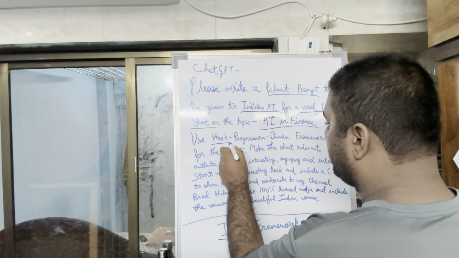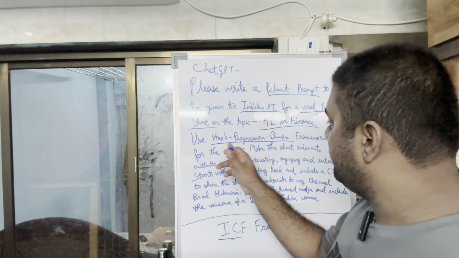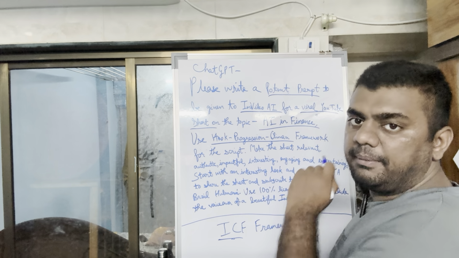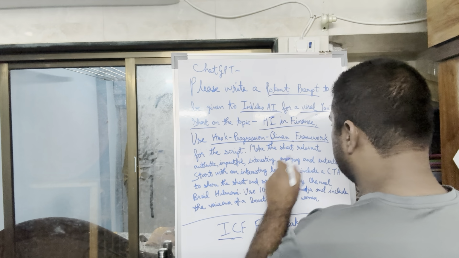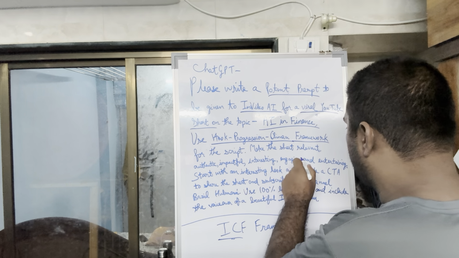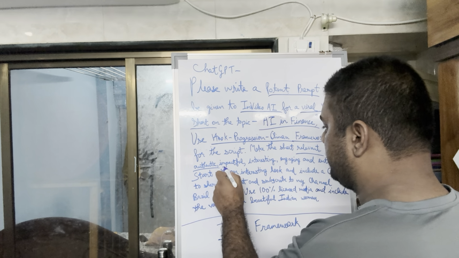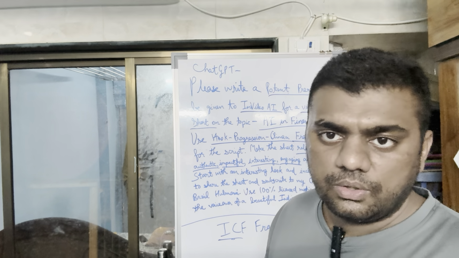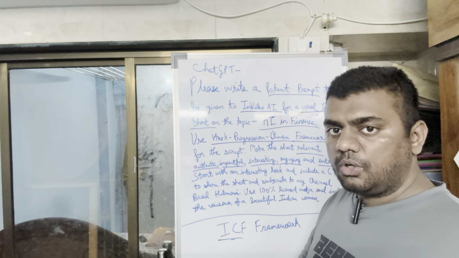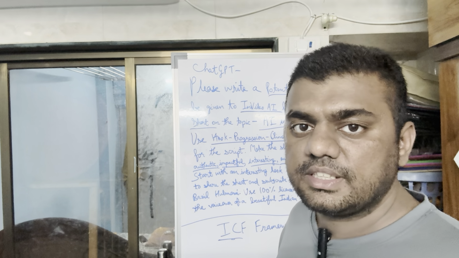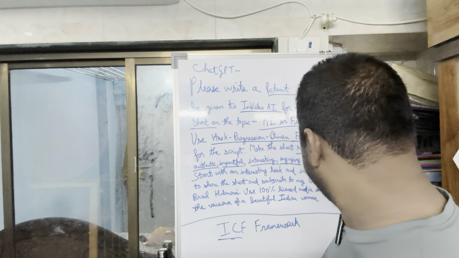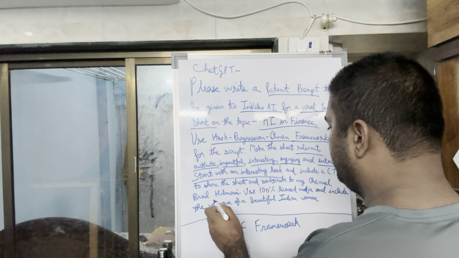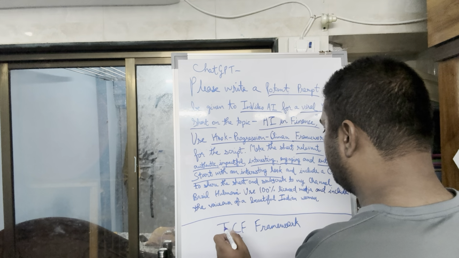Use hook, progression, climax framework. This is a framework which is used for viral YouTube shorts. This is also under the choice of words. Make the short relevant, authentic, impactful, interesting, engaging, entertaining. That is why I emphasize more on choice of words. Why is choice of words important? Then start with an interesting hook and include a CTA to subscribe to my channel.